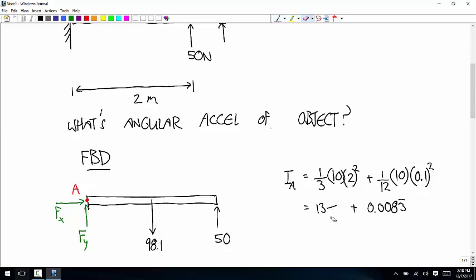This is like 13.3 repeating. And so this is equal to basically 13.34. The units are, you're taking a mass for this formula and multiplying it by a length squared, so it's always kilogram meters squared.